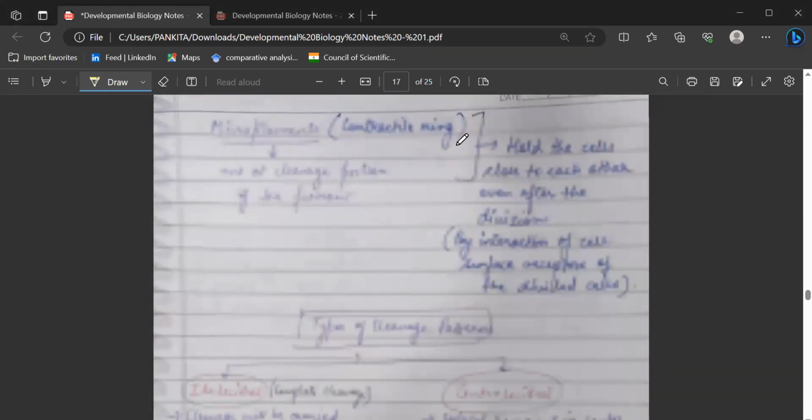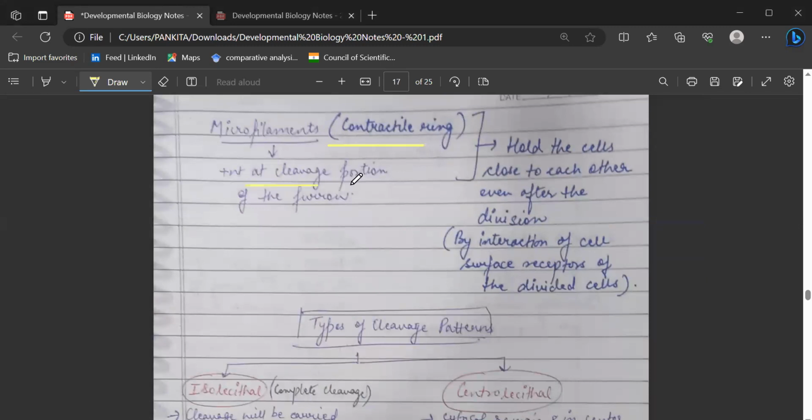Microfilaments are basically contractile rings. They are present at the portion of the furrow, the cleavage furrow. These filaments, or contractile rings, hold the cells close to each other after division. How do they hold the cells close to each other even after division? It happens by the interaction of cell surface receptors of the divided cells.